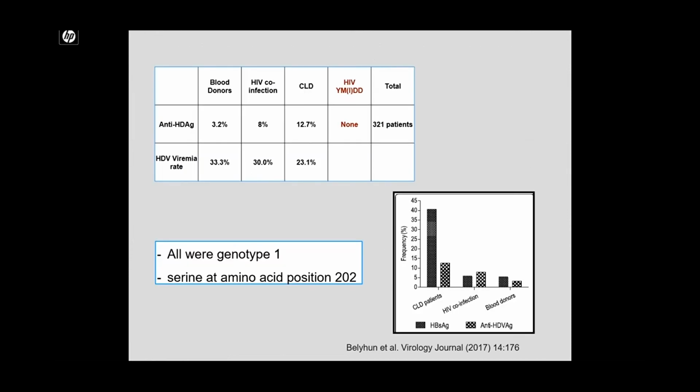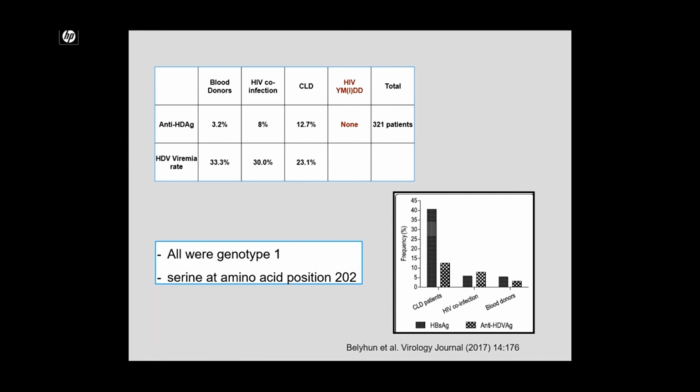And this study, in summary, covered 121 patients. If you look at the prevalence in different groups, blood donors had 3.2% prevalence. In HIV it is higher, around 8%. In chronic liver disease, 12.7%, so it increases in those groups. And as I've said, it shares the same serine at amino acid position 200, which is considered an African marker.